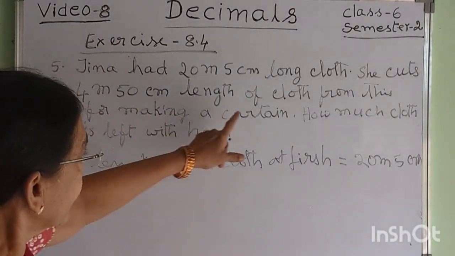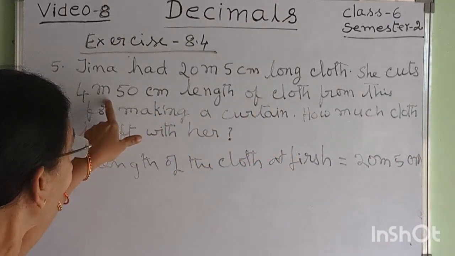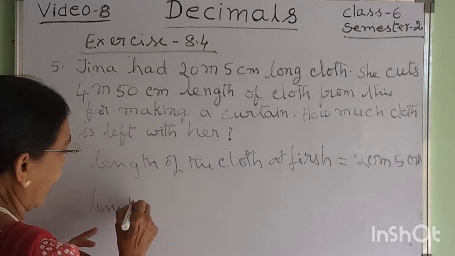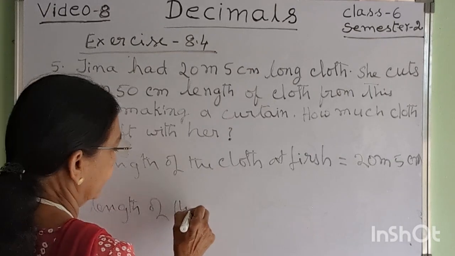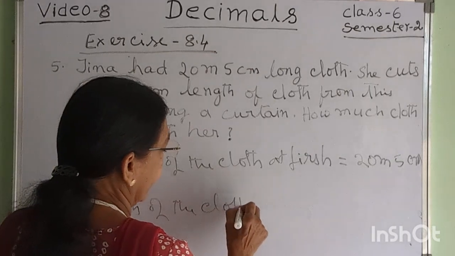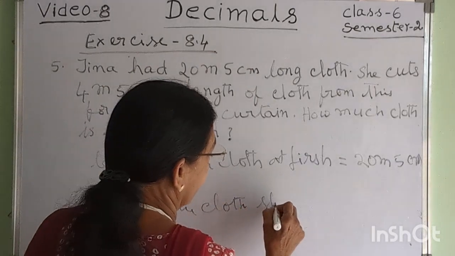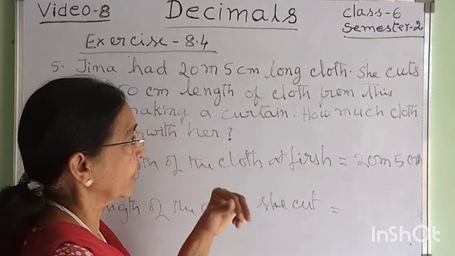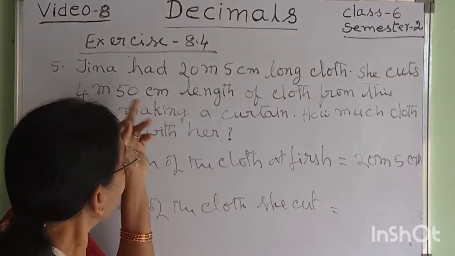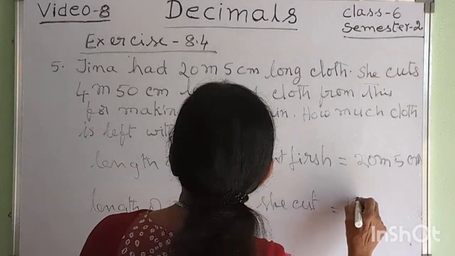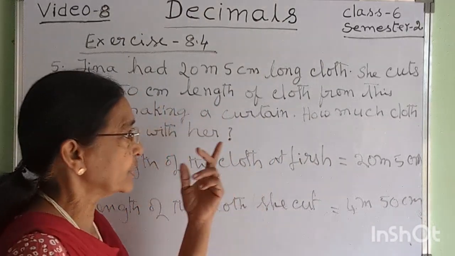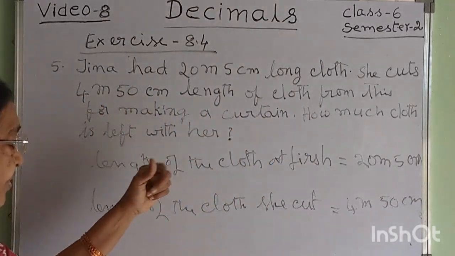Then the length of the cloth she cut for the curtain is 4 meters 50 centimeters. So how much cloth is left with her?